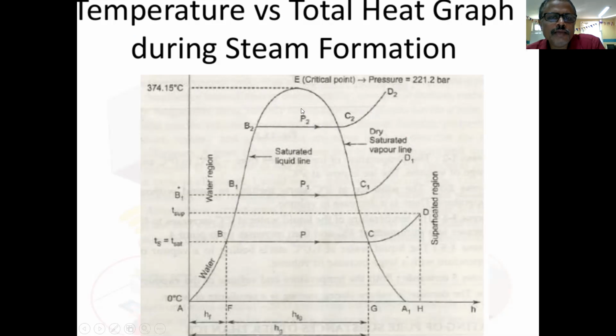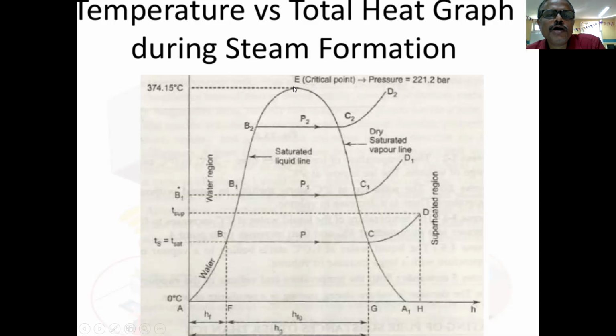If you keep on increasing the pressure, we will reach a point known as the critical point, denoted by capital E here. This is the point where the water starts getting converted to steam once it reaches its boiling point. That is, at the critical point, the latent heat of vaporization is equal to 0.